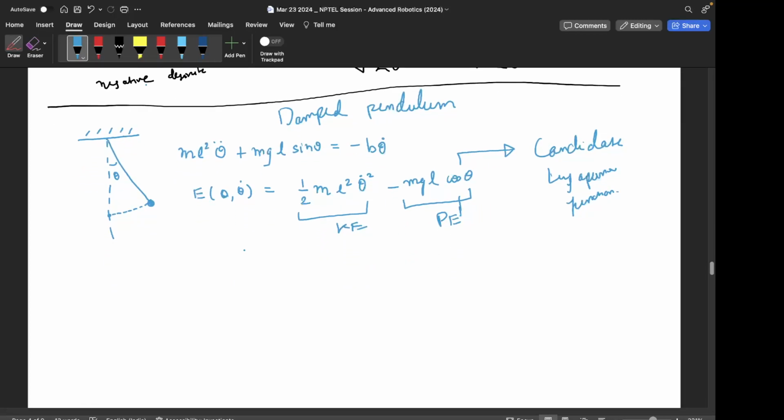This is the energy, so this will always be positive. And E(0,0) is, I think, first term 0, second term minus mgl. So it's a fixed thing, minus mgl; we can always change the reference such that this point is the 0 point.